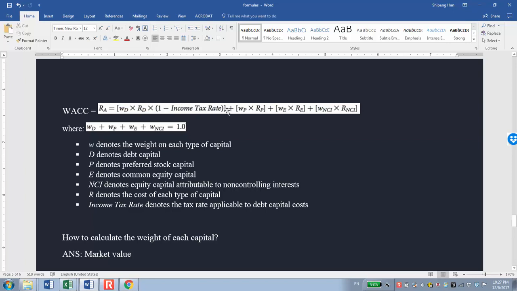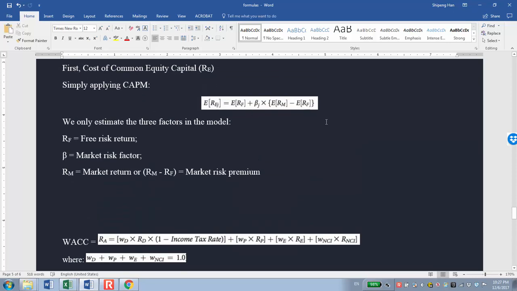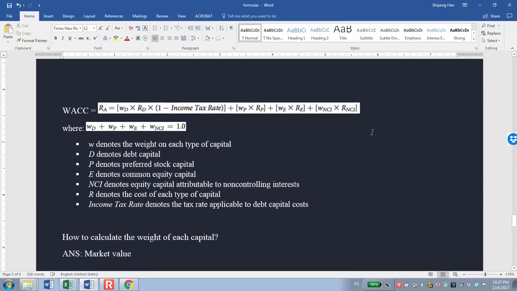The next item is the weight of preferred stock and the return on preferred stock. This is the weight of common equity, and this is the return on common equity. RE we've already got from the CAPM. The last one is the weight of non-controlling interest and the return on non-controlling interest.